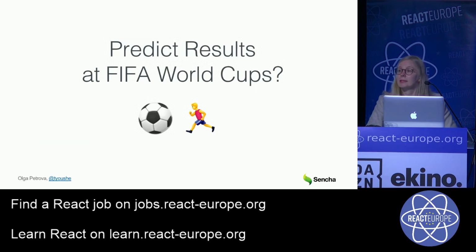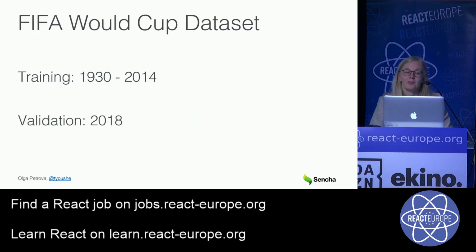I applied this to a real-world scenario and tried to predict the results of games at FIFA World Cups. I took data about all games played until 2014 to train my model, and the last World Cup to validate my model. The last World Cup that France won, by the way.